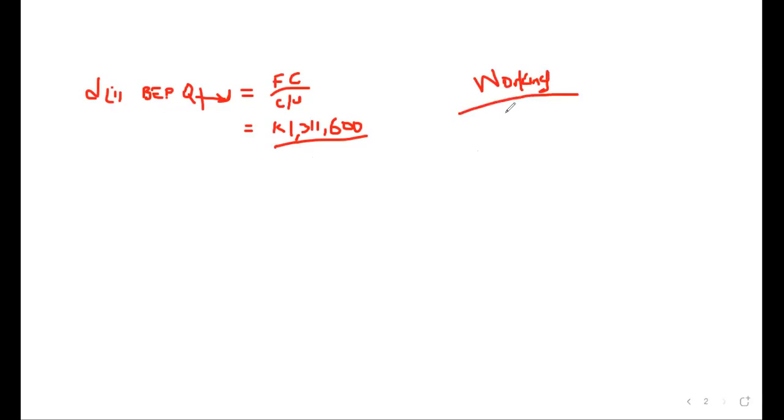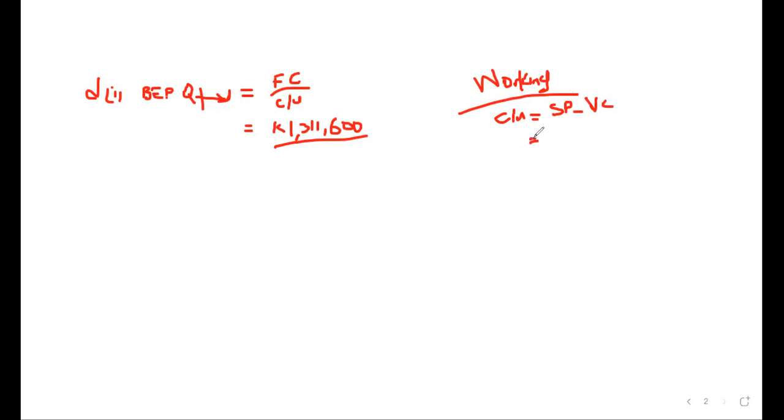So our new contribution per unit is given by selling price per unit minus variable cost per unit.